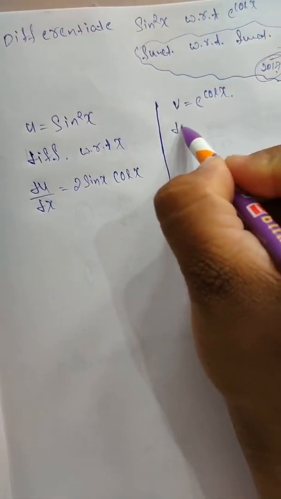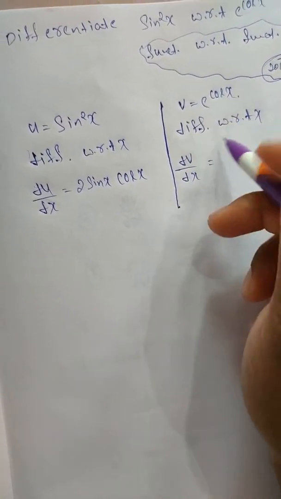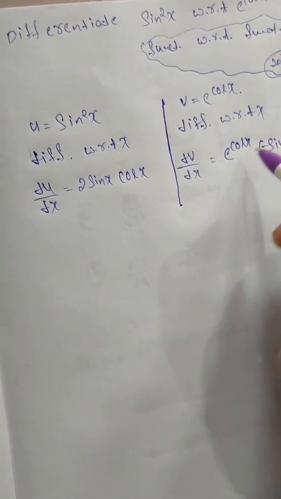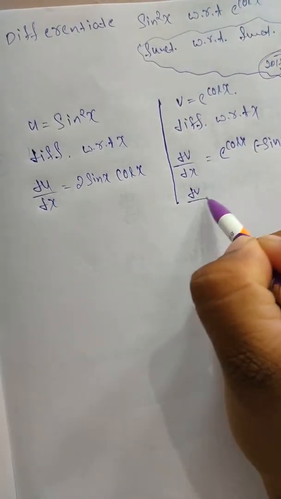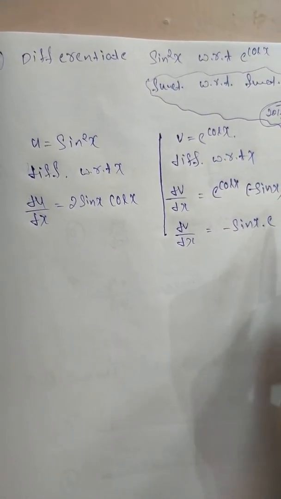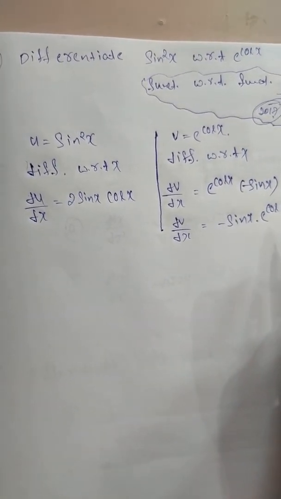Now again differentiate with respect to x. dv by dx is equal to the differentiation of e to the power of cos x, which is e to the power of cos x, and again the differentiation of cos x is minus sin x. So dv by dx is equal to minus sin x into e to the power of cos x.